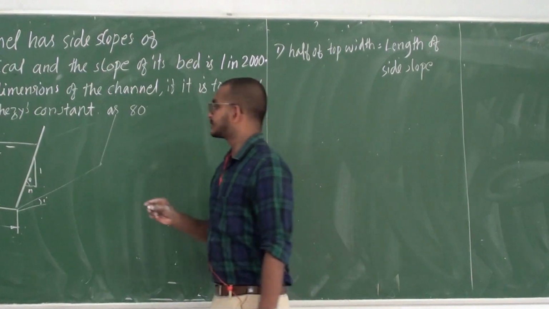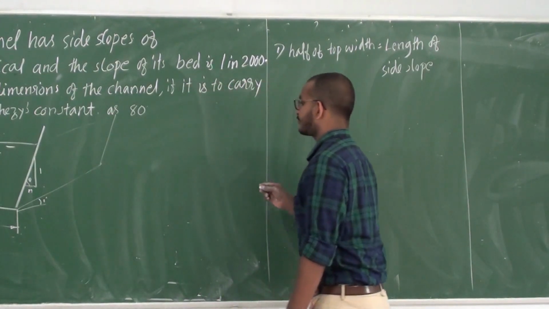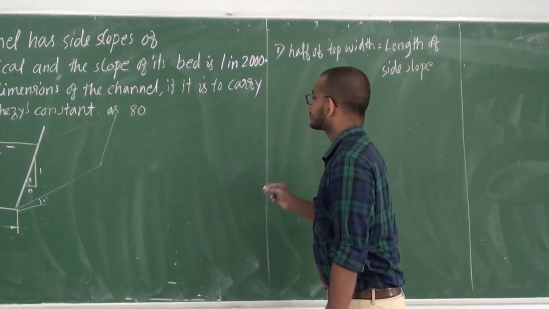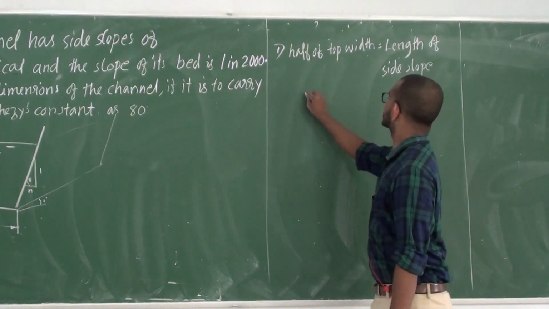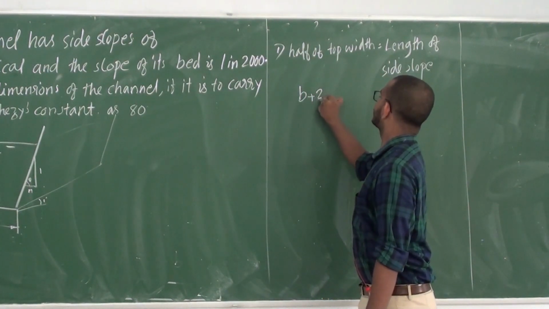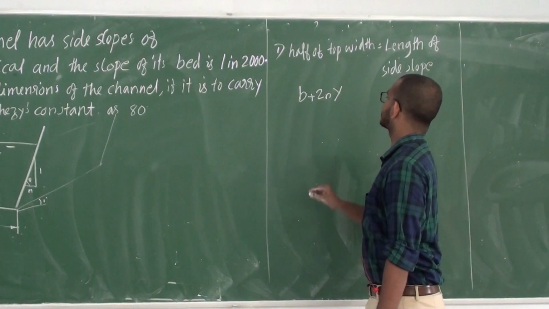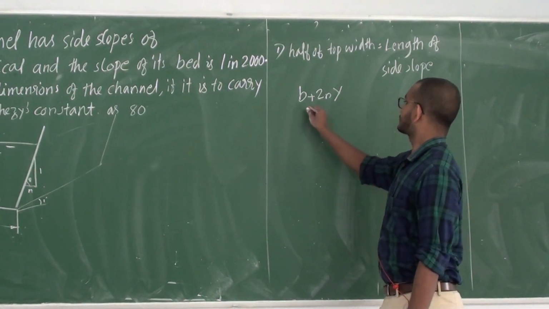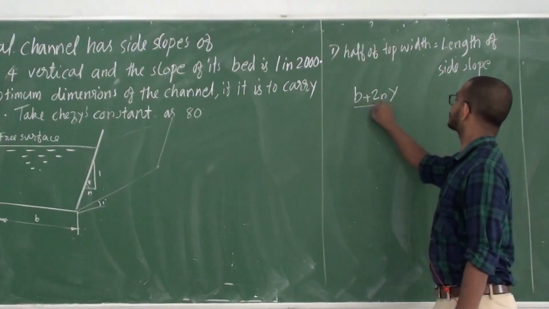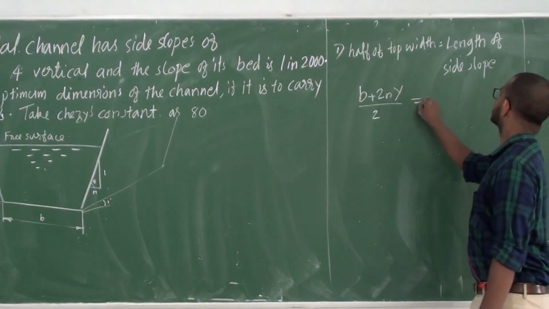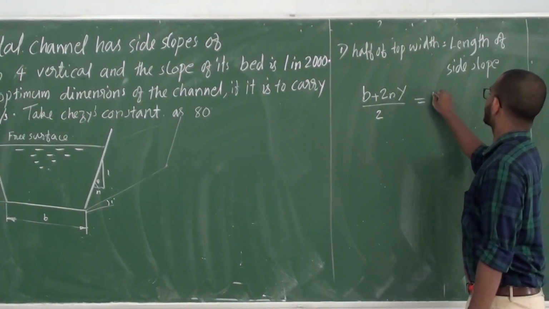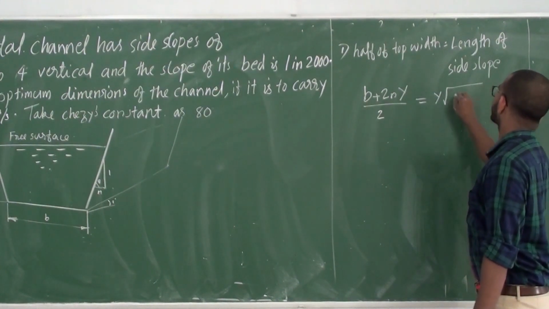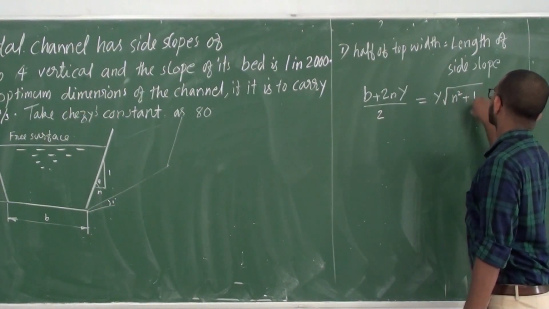So, what was the top width? The top width is equal to B plus 2ny, where B is the bottom width, y is the depth of flow. So, B plus 2ny by 2 is equal to side slope, that is y into square root of n square plus 1.